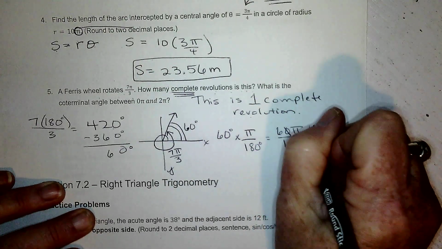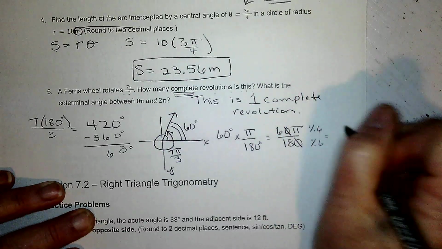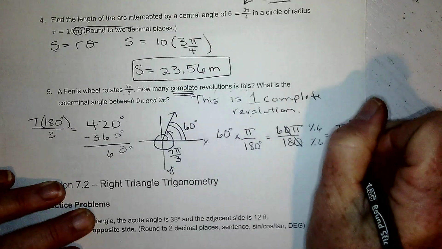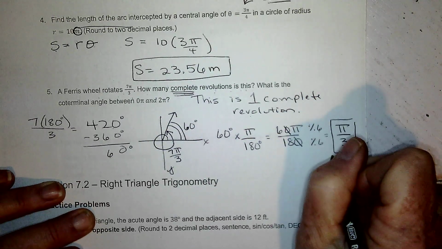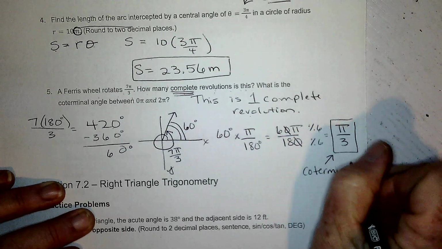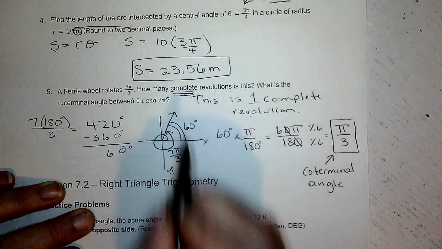Those are both divisible by 6. 6 divided by 6 is just 1, so that leaves me with pi in the numerator. 18 divided by 6 is 3. So pi over 3 is my coterminal angle. It ends on the same terminal side.